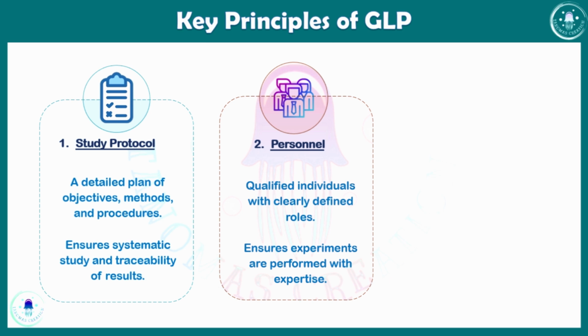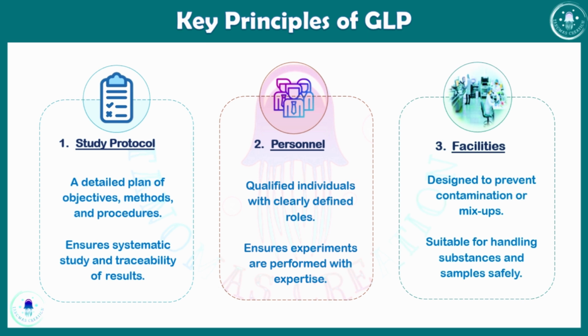The third one is facilities. Facilities are a very important part in any industry. Laboratory facilities must be designed to prevent contamination and mix-ups, and they should be suitable for the study being conducted. The environment should support the safe handling of test substances and samples.